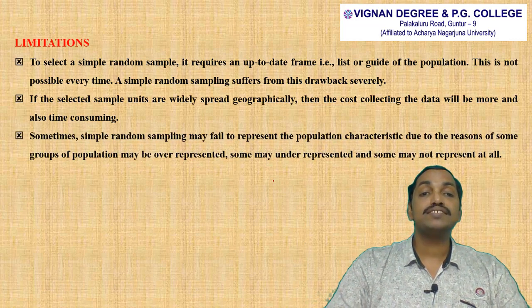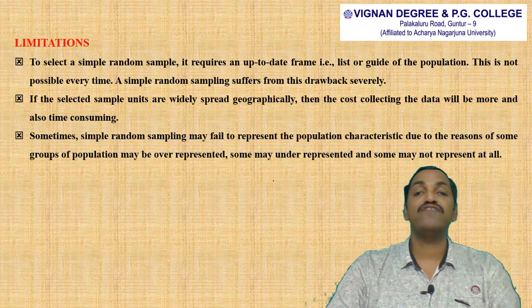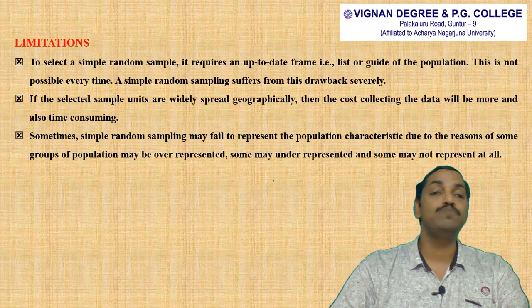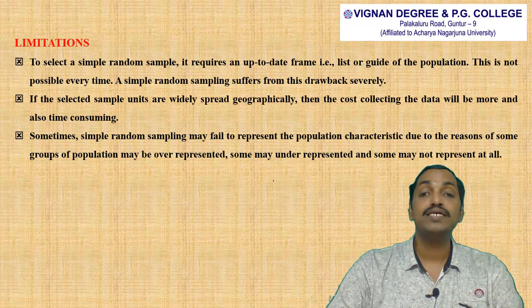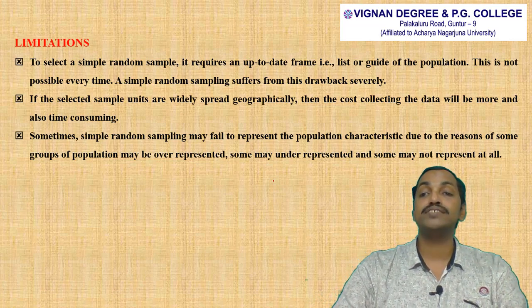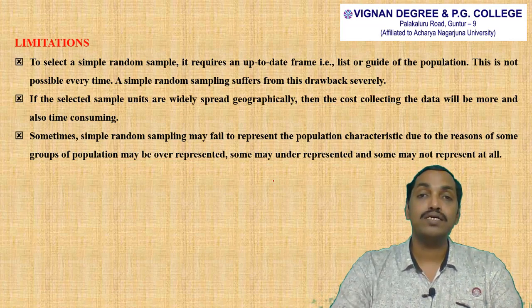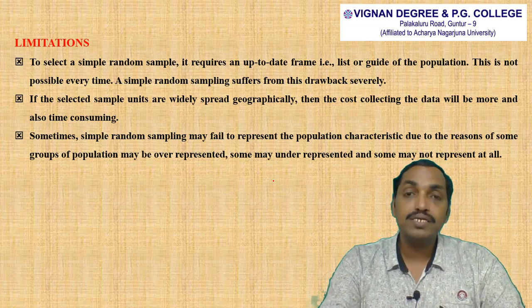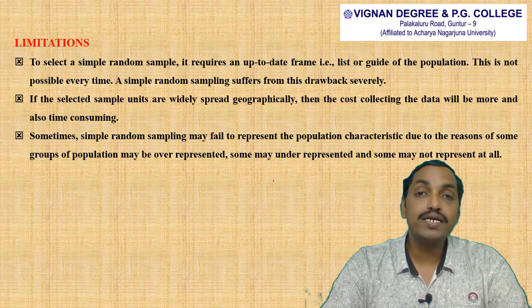The third one is, sometimes a simple random sampling may fail to represent the population characteristic due to the reasons of some groups of population may be overrepresented, some may be underrepresented, and some may not represent at all. Suppose, for example, in our college, there are 1500 plus students.